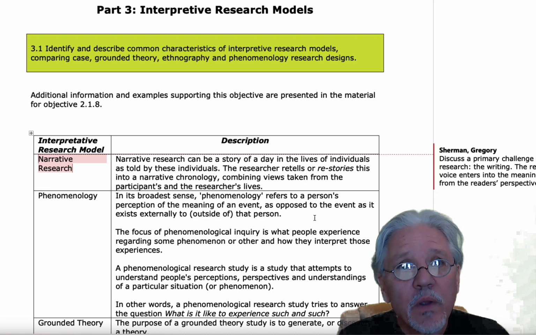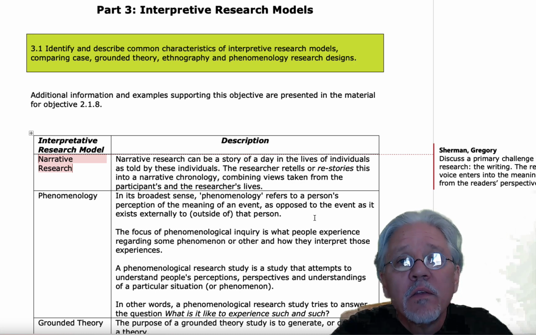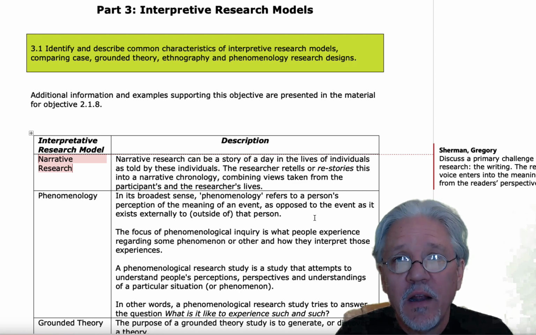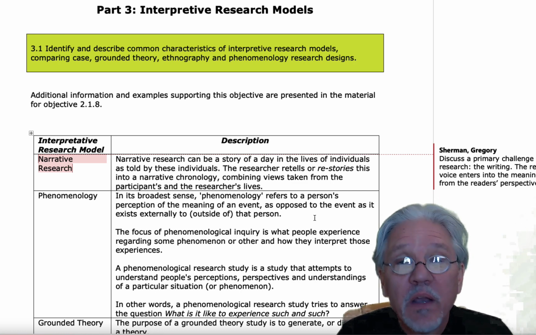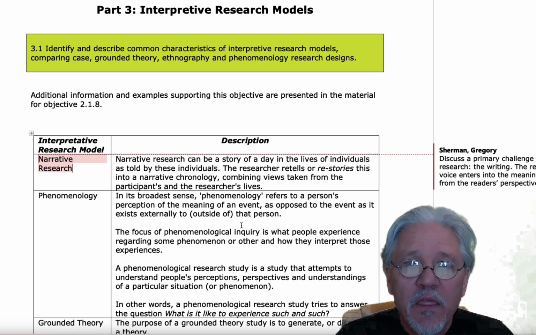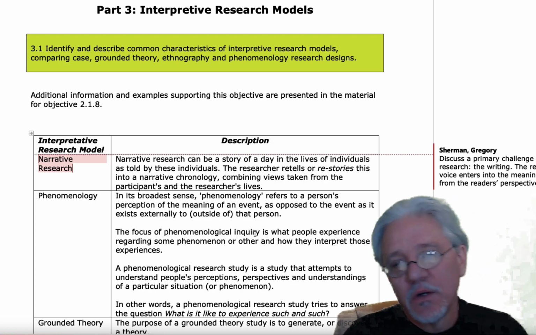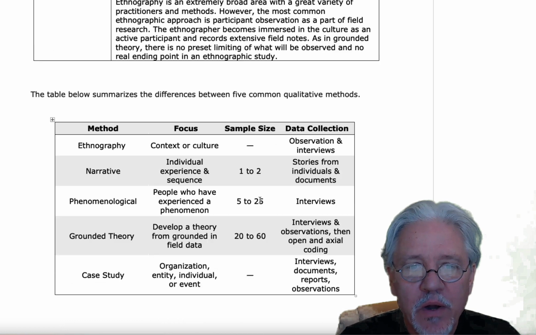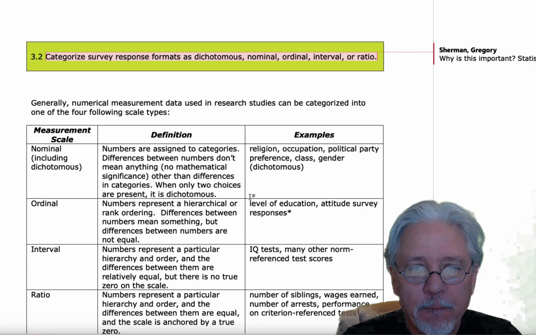But it also underlies the most important skill you need to be a good researcher at that level, which is to be a good storyteller, to be a good writer, to be able to communicate that way. And not everybody has that skill, and some are better than others. So I wanted to elaborate a little bit about that in part 3.